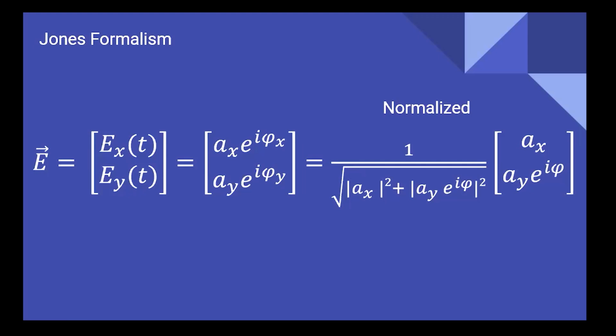Then I can say, okay, some amplitude Ax or Ay, and then e^(i phi) is just, you've gone through Euler's expression, right, for the exponential to the power of an imaginary number, so it's really just some sine and cosine, just to describe the oscillating component. So I can just do this, and I get this really nice vector. I can normalize it, and I get this nice little vector that will describe polarizations just based on the electric field in the x and y directions.